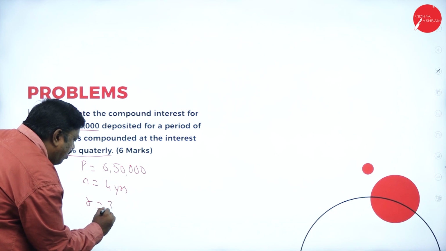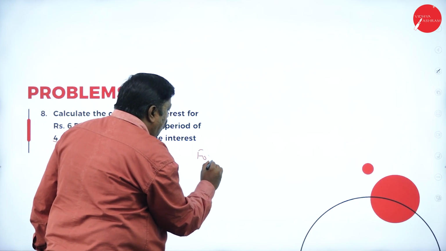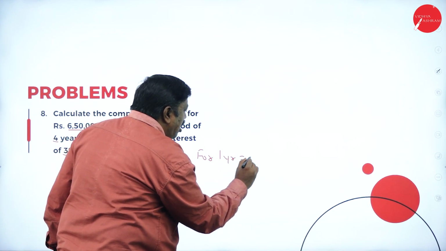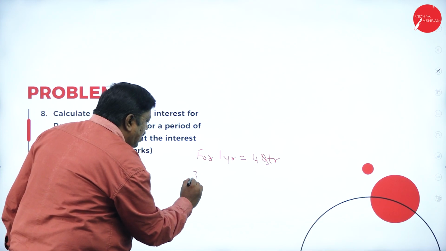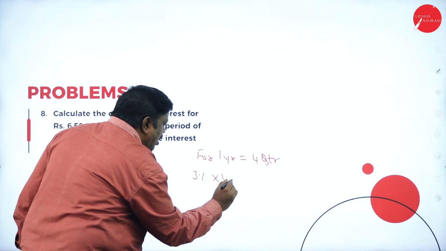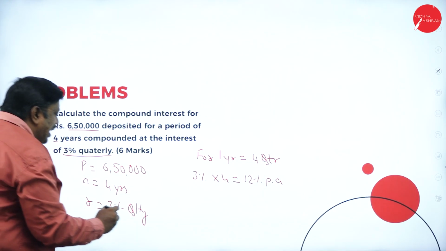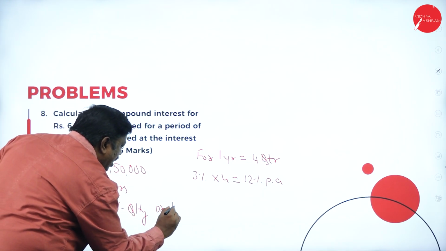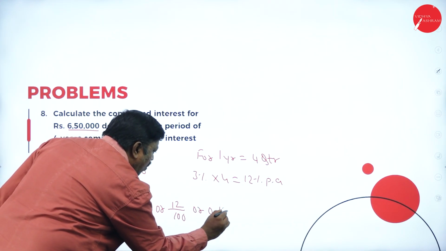R, they are given 3% quarterly. For 1 year, there will be 4 quarters. So now 3% into 4, it will be 12% per annum. So my interest will be 12 by 100 or 0.12.